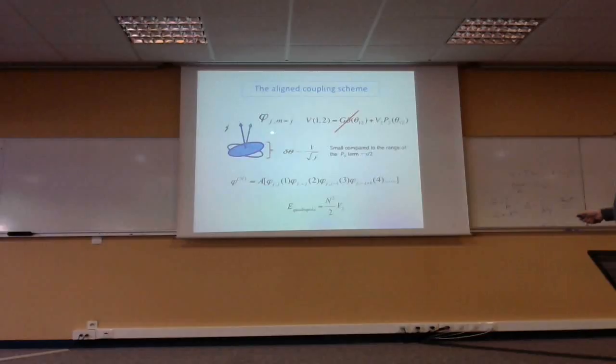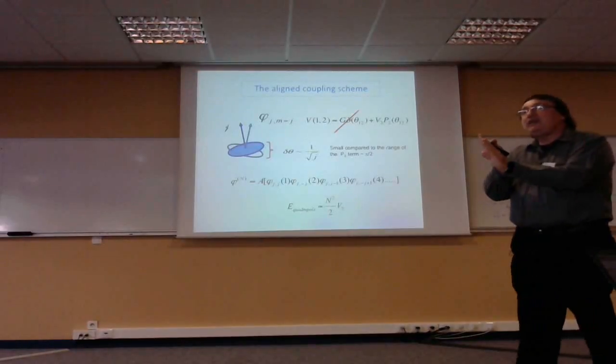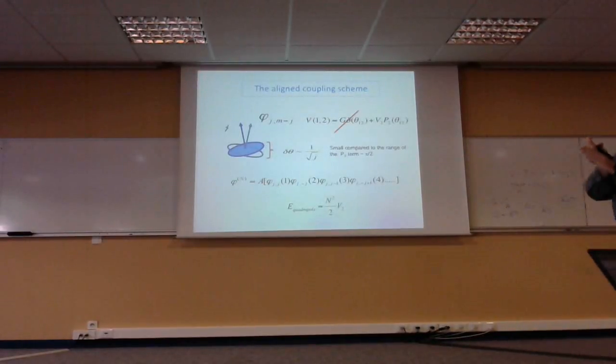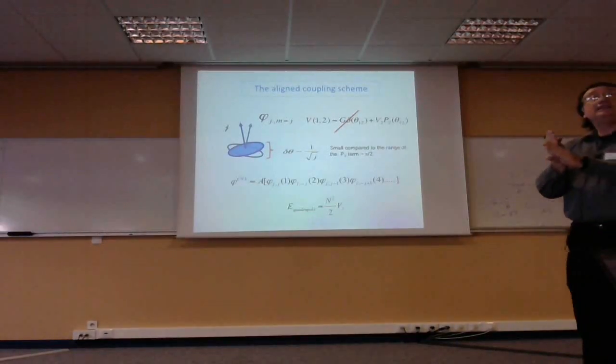And if you have an interaction which likes to be close, the P2 term has something of the order of 90 degrees if you look at the plot of the P2. If you can put the particles in such a way that the angle is smaller than 90 degrees, then you make a strong correlation, because they are close by and still feel that.